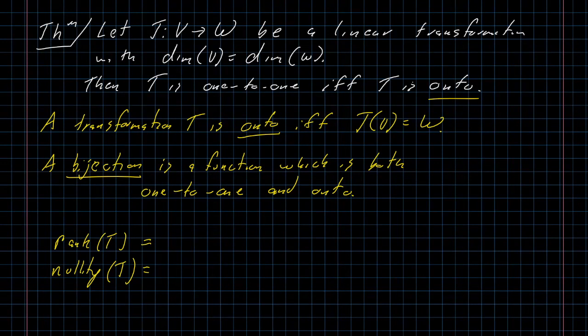The rank of a transformation is the dimension of the range of the transformation. And the nullity of a transformation is going to be the dimension of the kernel of the transformation.